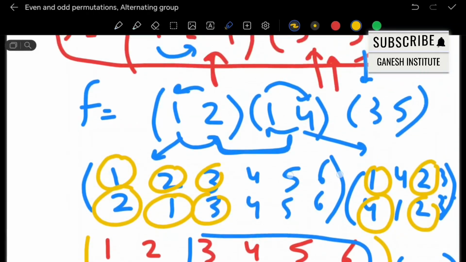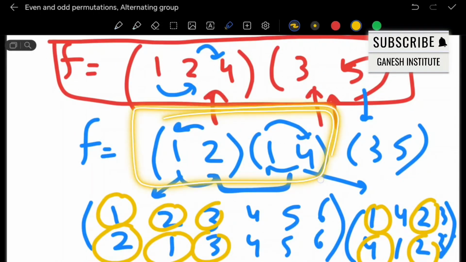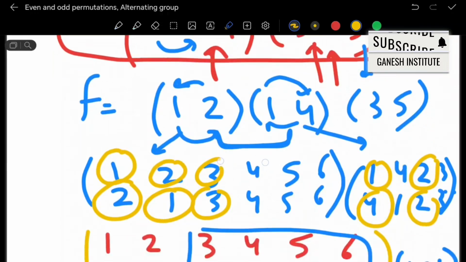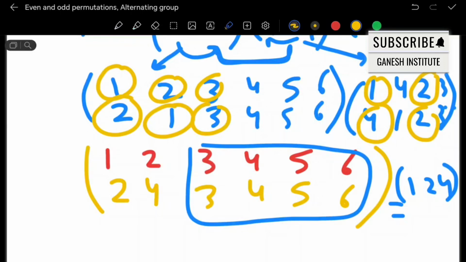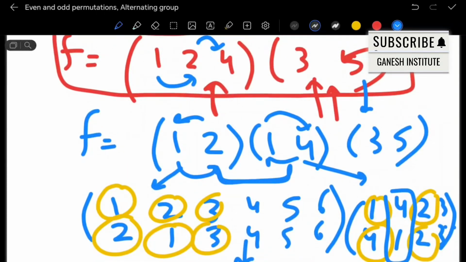So (1 2 4) can be expressed as this product. So this is how you can break it into transpositions. Transpositions means cycles of order 2.